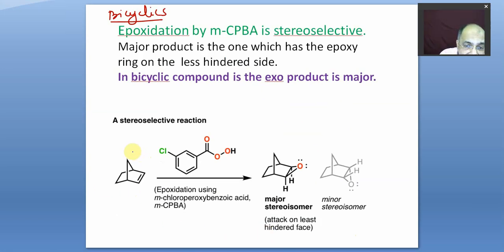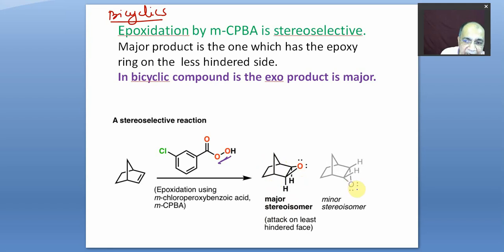Similarly, in bicyclic compound, it has been found that whenever you make a peroxy compound by using MCPBA, metachloroperoxybenzoic acid, it is simply used to produce epoxy compound or alkene oxides. So the alkene oxide is formed when this is located to the side of the less hindered bridge, that is the bridge having only one carbon atom. This is called the exo product.